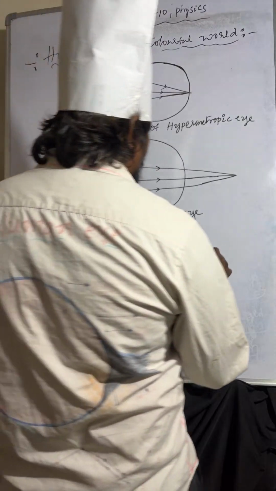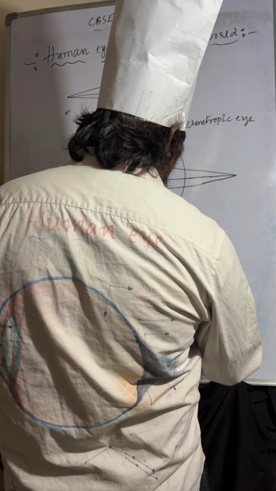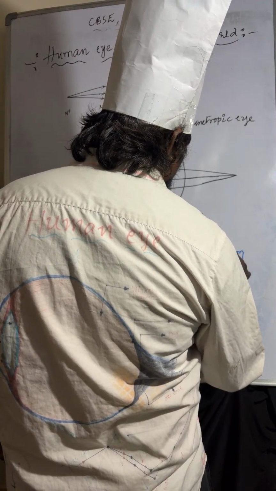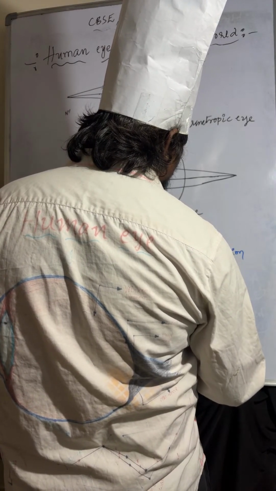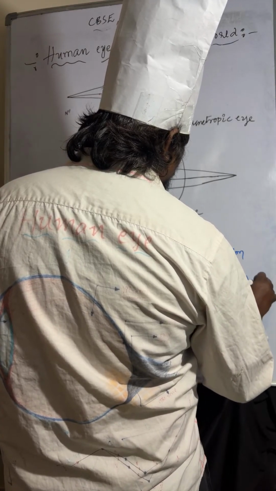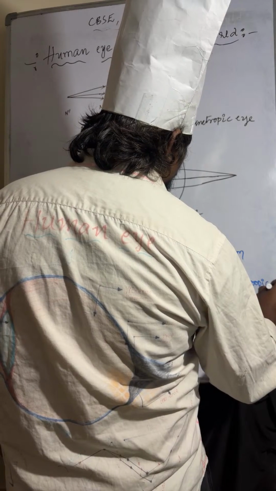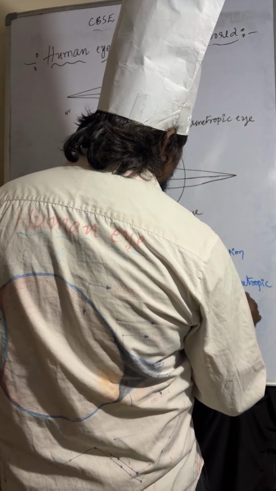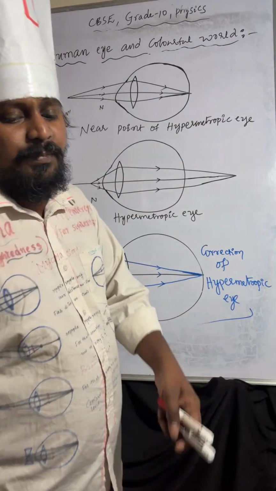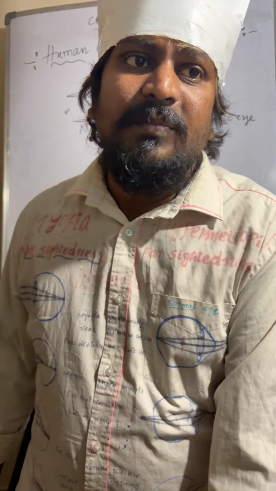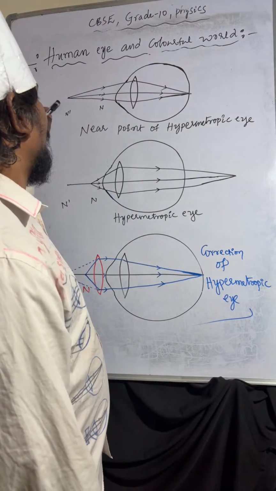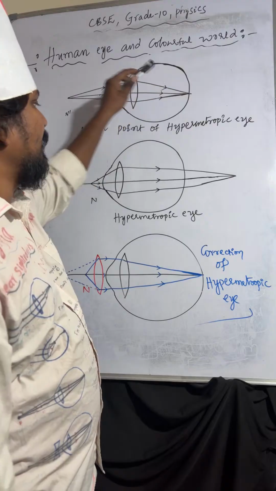Correction of hypermetropic eye. So this is a near point of hypermetropic eye. Light rays are coming from this point, and those light rays will meet at retina.